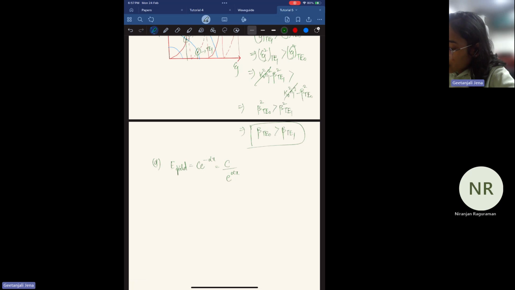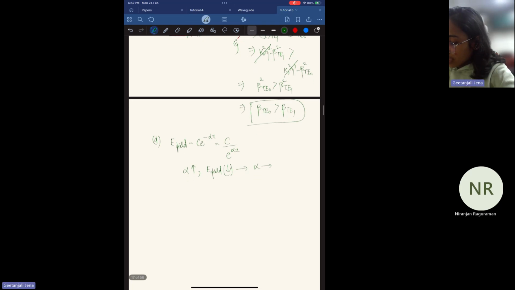So that means when alpha is high, the E field is lower. That means when alpha is high, the penetration into the cladding, that is the energy leaking into the cladding, will decrease.